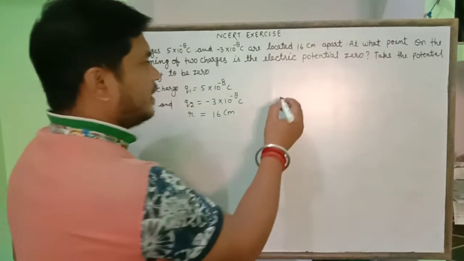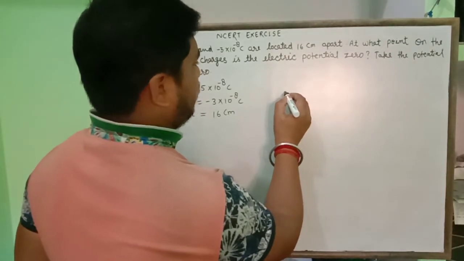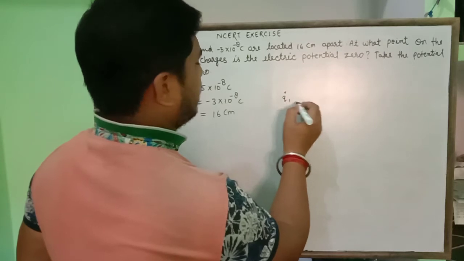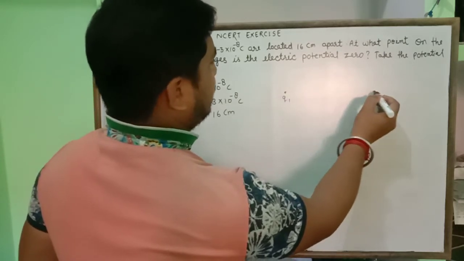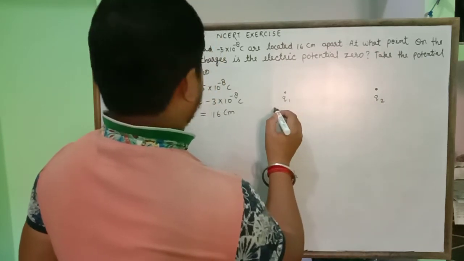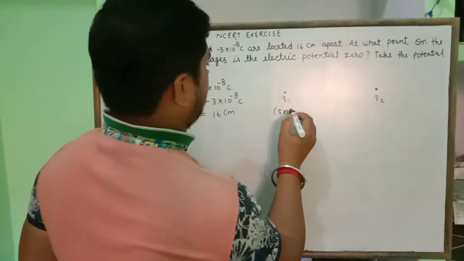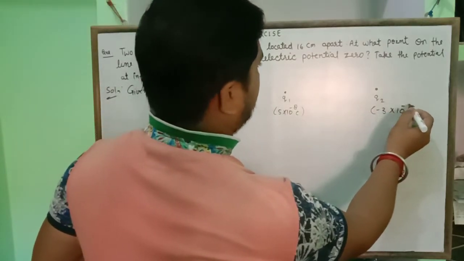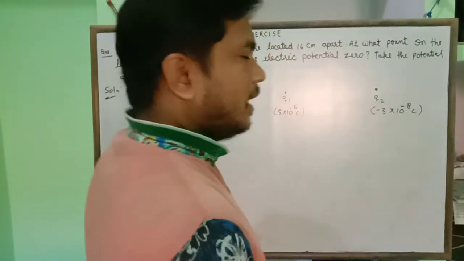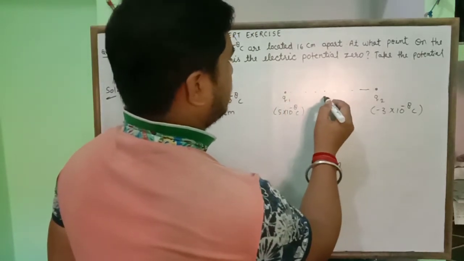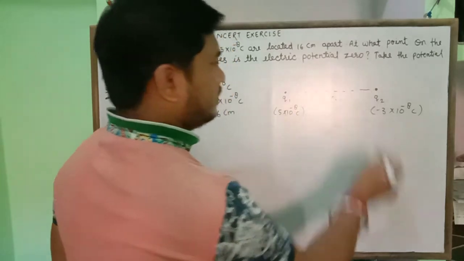So suppose that first charge is at point A. This is q1 and this is q2. q1 is 5 into 10 to the power minus 8 coulomb. q2 is minus 3 into 10 to the power minus 8 coulomb. And the distance between them is 16 centimeter.